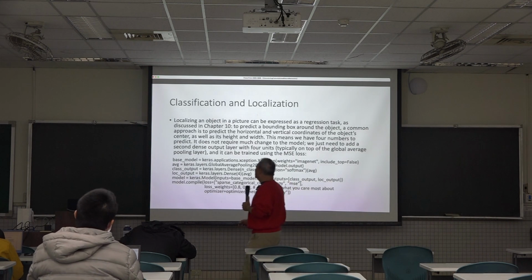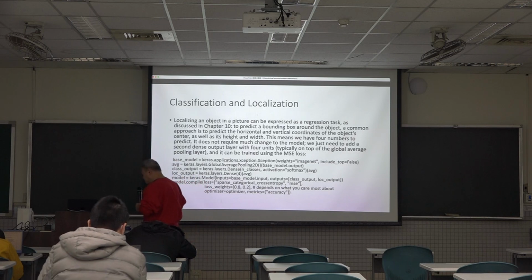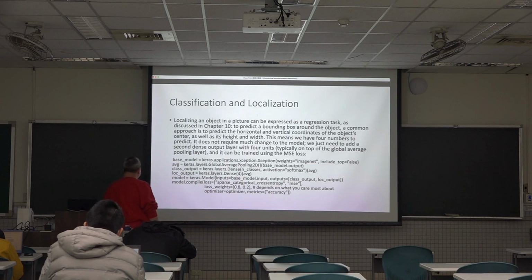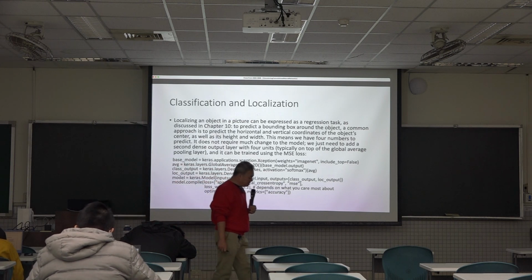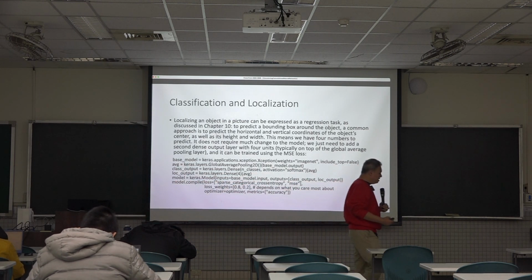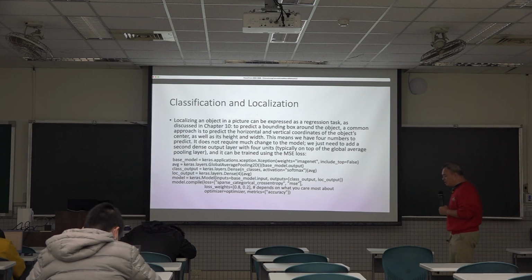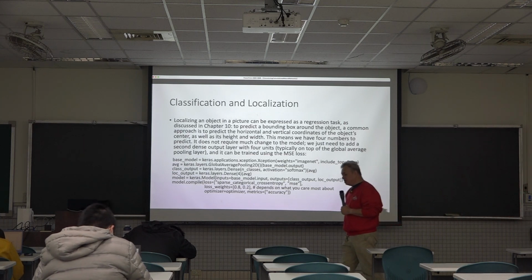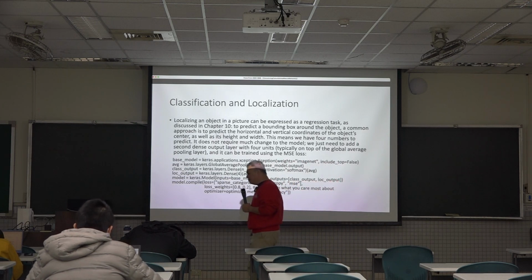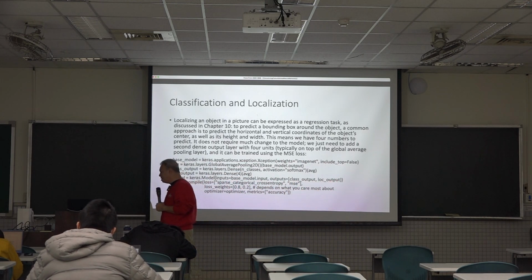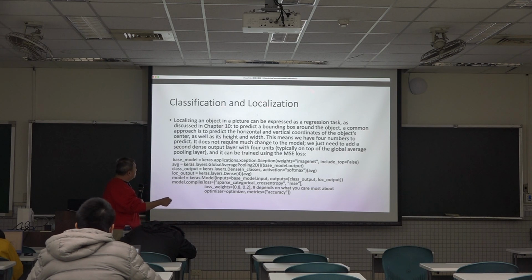So we are finally done with all this CNN stuff. But the next topic that we are going to move on to is some stuff in addition to image classification, for example, classification and localization.